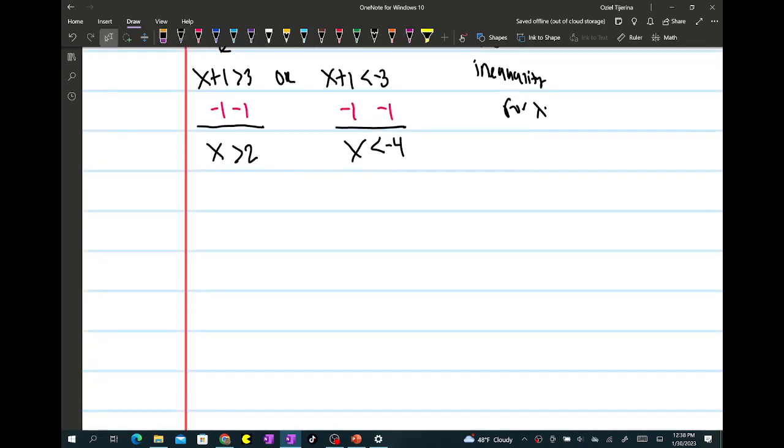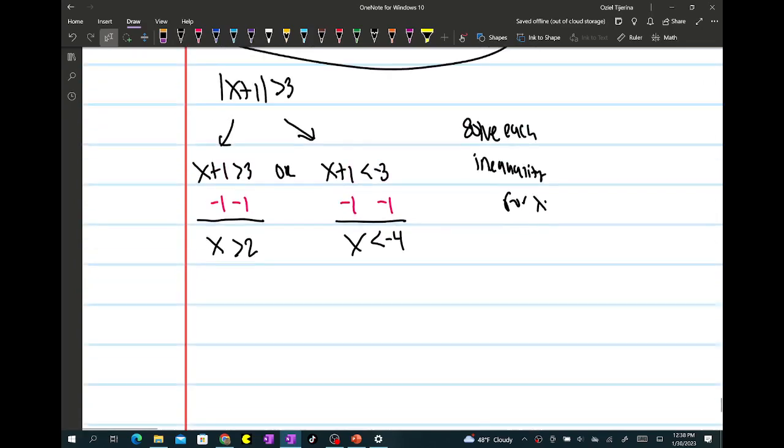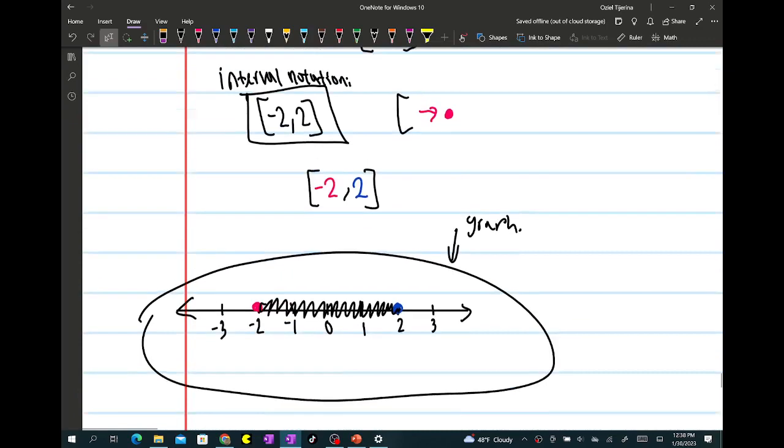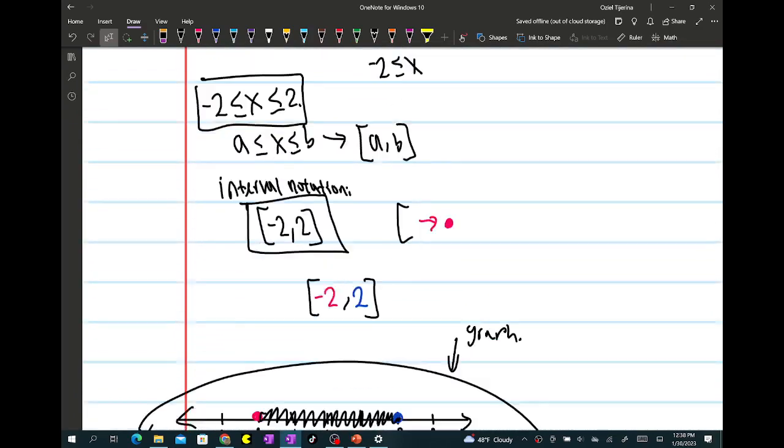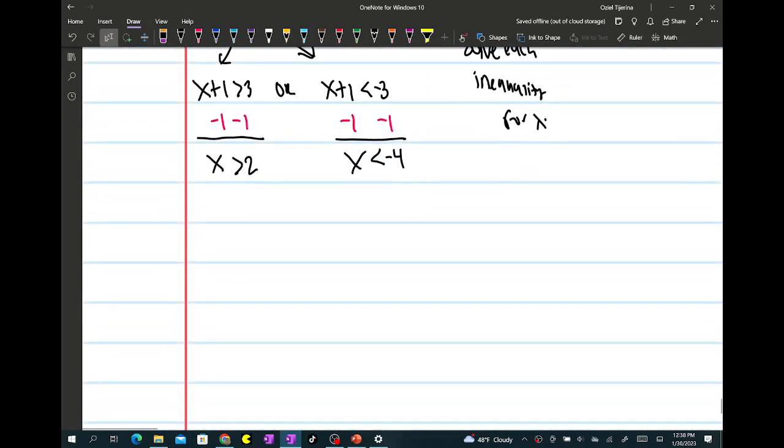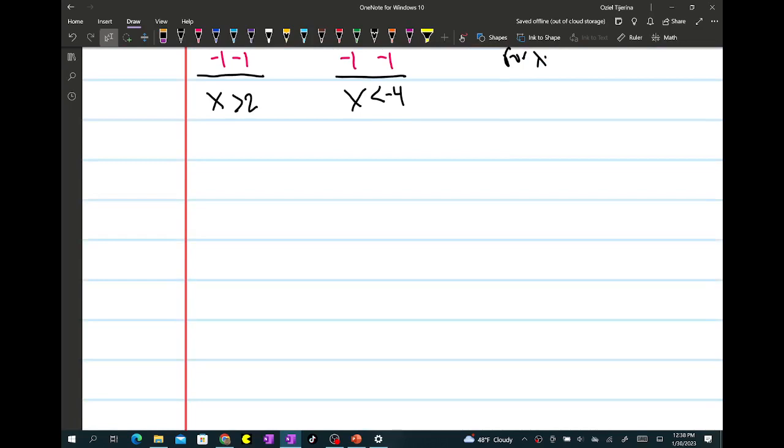So now, we have two separate things, right? We can't rewrite it like we did up here, where we said from -2 to 2. This is kind of a compound inequality, right? So basically, we're first going to look at x is greater than 2, right?